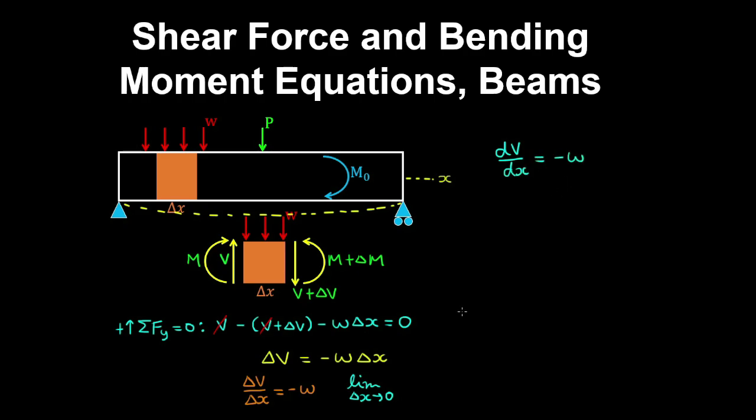Now if we take a sum of moments about the right hand side of the section, with anti-clockwise being positive, we have a clockwise moment M plus the anti-clockwise moment M plus delta M, and the shear force produces a clockwise moment, so it will be minus V by the moment arm, and a uniformly distributed load has a resultant of w by delta x, and then multiplying by the moment arm of delta x on 2, and that's all equal to 0.